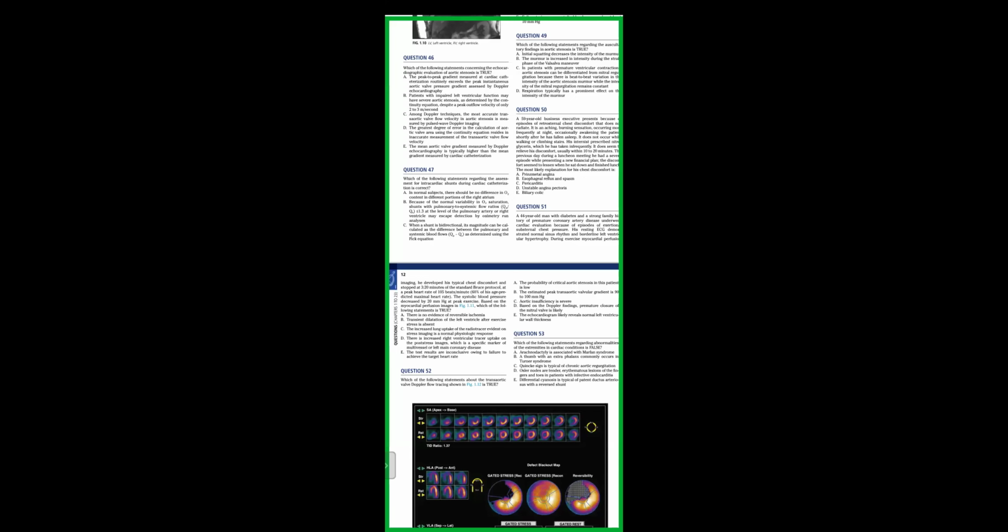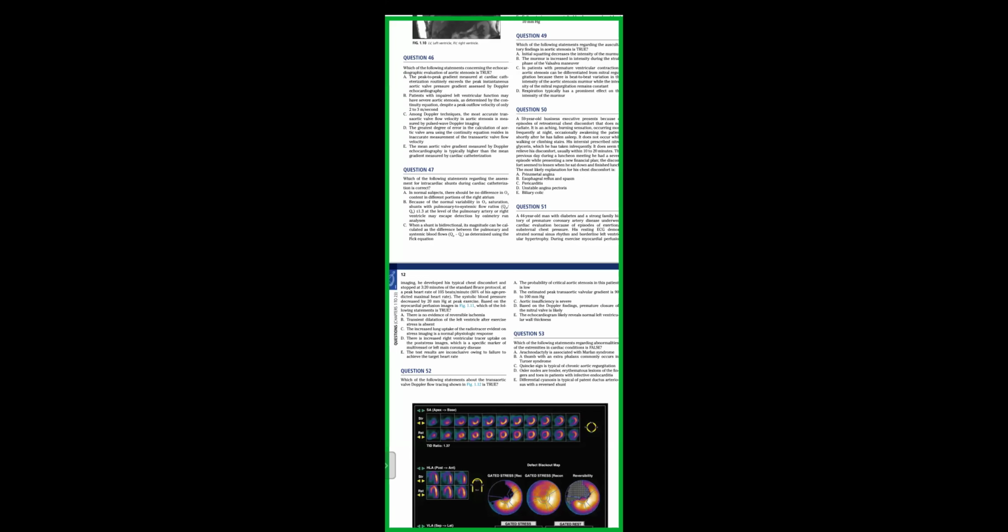What that difference gives you is the direction of the shunt. So if the pulmonary flow is more than the systemic flow, then the shunt is left to right. And if the systemic flow is more than the pulmonary flow, giving you a negative value, then the shunt is right to left. But it will not give you the magnitude in a bidirectional shunt, because this formula does not hold for a bidirectional shunt.